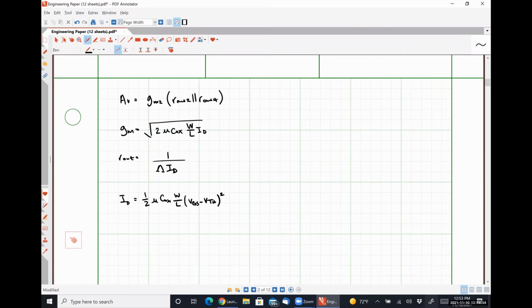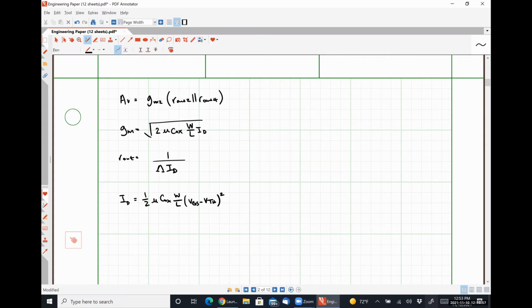Obviously here, the bigger we can make GM2, the better, because we get more gain, right? That's pretty fair. So we need to figure out how to make transistor M1 and transistor M2 have the maximum value for GM2.